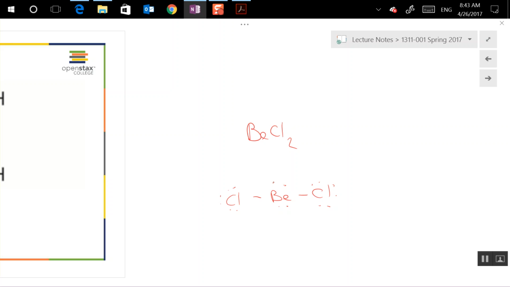And beryllium, which has 2, so that's 16. Okay, I have 20 in my structure right now. So if I made them like this, I could get rid of electrons here, and here, and here, and here. Now I have 16. Is this my structure?